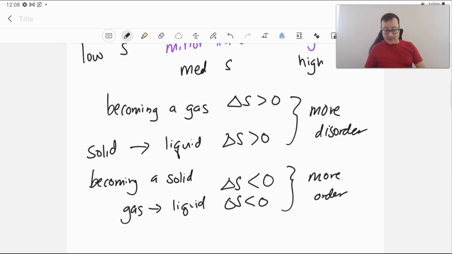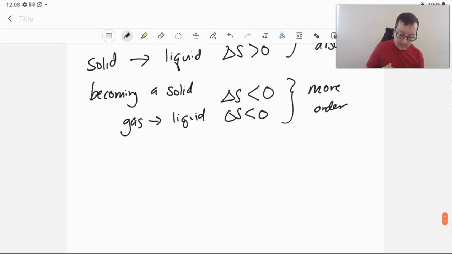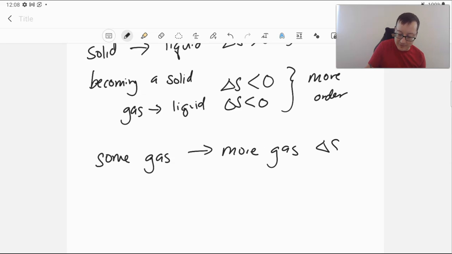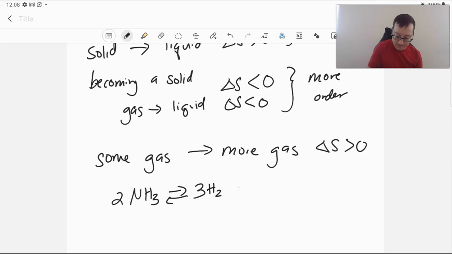Another way we can look at this is some gas to more gas. That would also be an increase in entropy. For example, the opposite of our favorite equation, we're going from 2 moles of gas to 4 moles of gas, right?